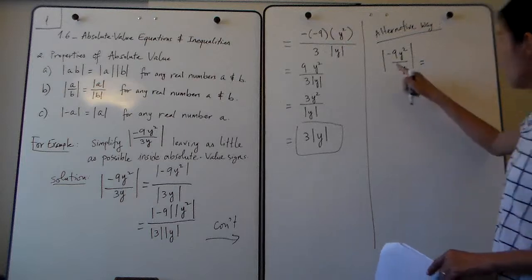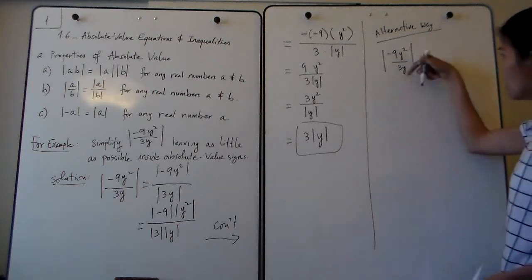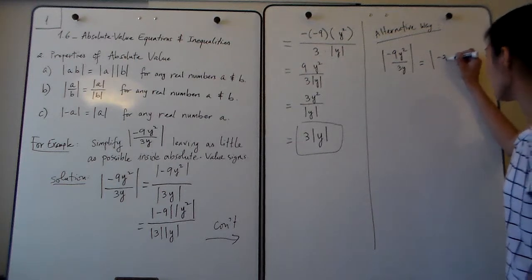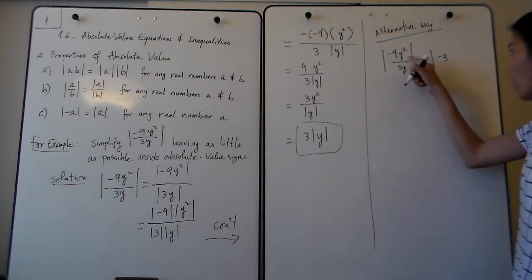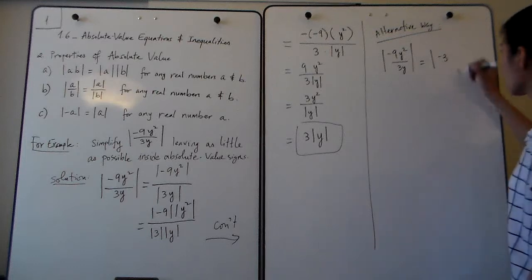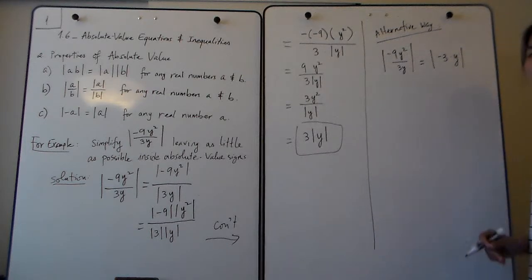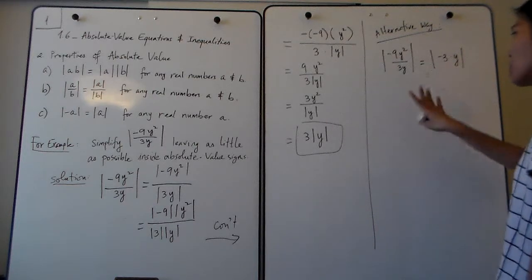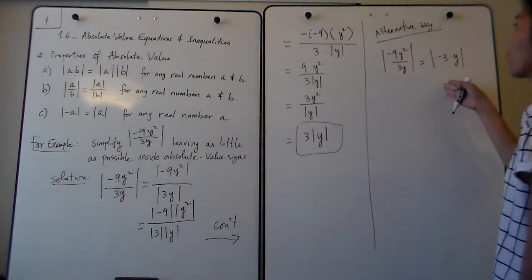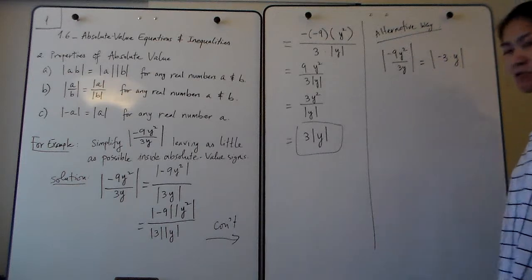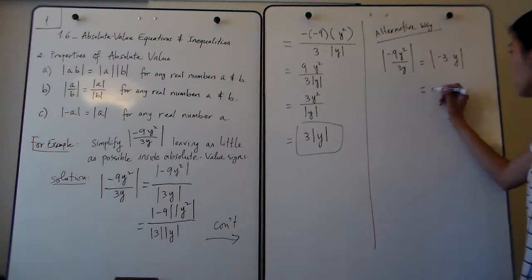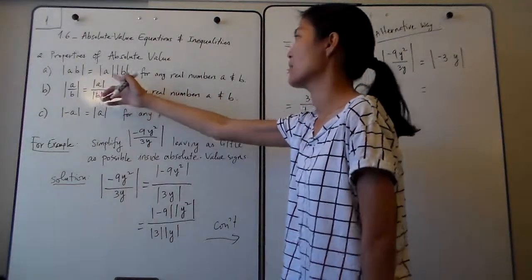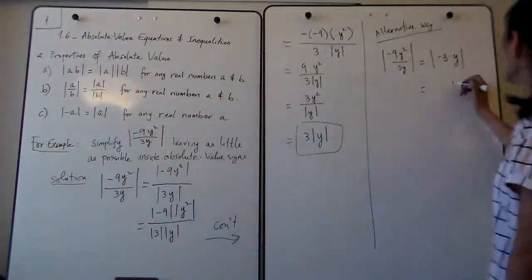So 9 and 3 can be divided by each other, right? So 9 divided by 3 is what? -3. Not only that, y squared divided by y is what? y. Okay? Do you see how much simpler this absolute value is compared to the original absolute value? Now, continue. Now, I will use the first property because it's multiplication, right?